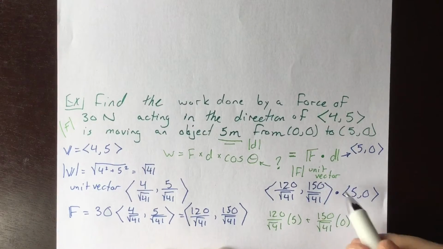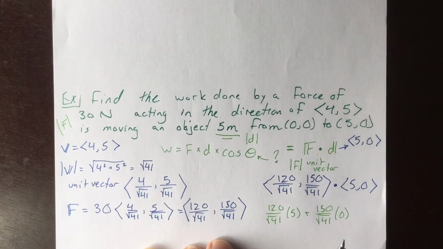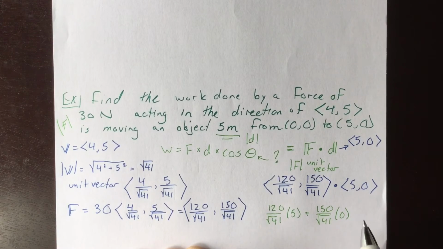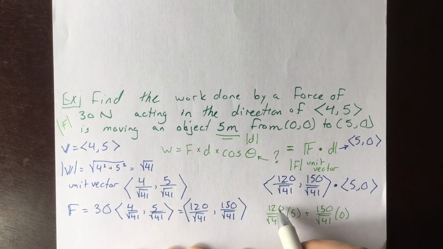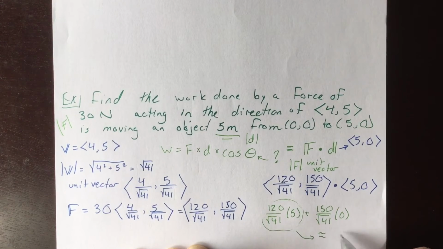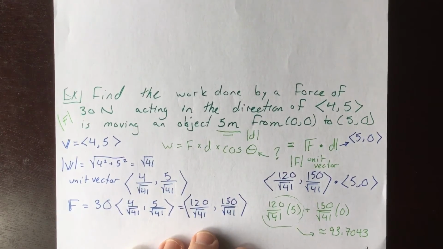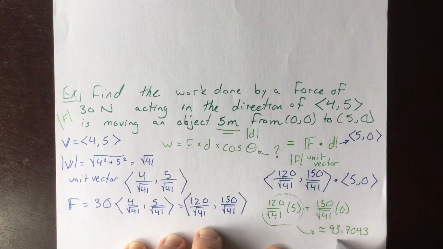Oh, that's nice. That whole piece is going to go away, which would give us 5 multiplied by 120 over root 41, which is approximately 93.7043. And looking at our units, we're in meters and newtons, so joules.